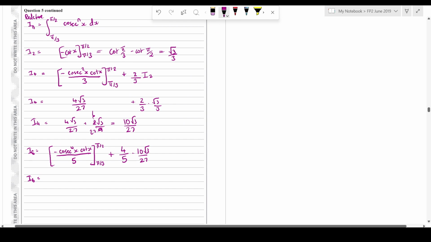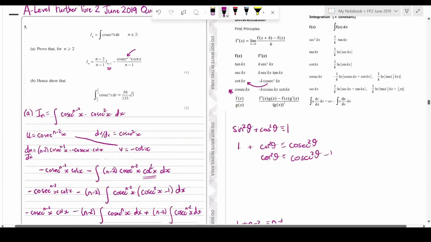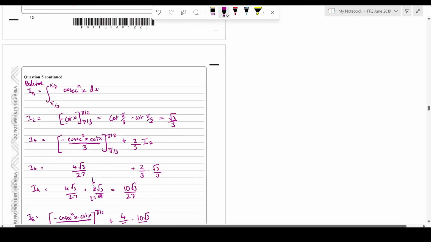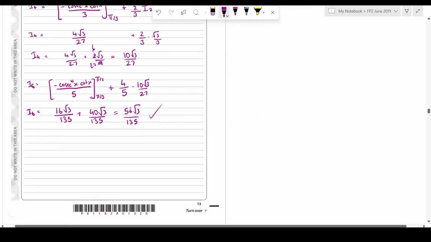And that's going to give me 16 root 3 over 135. Sorry, my calculator just gives it unrationalised. Plus 40 root 3 over 135 quite nicely. So that gives us 56 root 3 over 135. Which is the same as given, so I can rest in peace knowing that that has been done, and I don't need to worry about that when I'm looking back through the question.